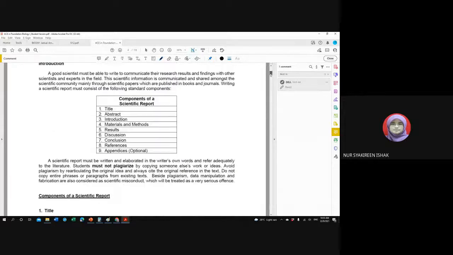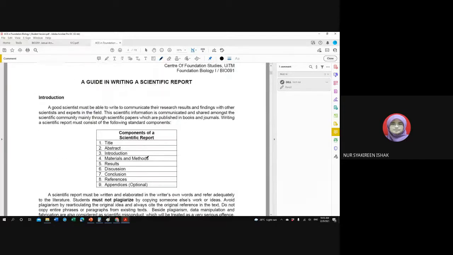Okay, so these are the components of the lab report that you must include. So saya tak tengok awak punya lab report untuk mini project macam mana. So it should consist of this component. Okay, you must have your title, your abstract, your introduction, materials and method, result, discussion, conclusion, references, appendix, optional. Okay, tak ada pun tak apa. So conclusion, how do you do a conclusion?